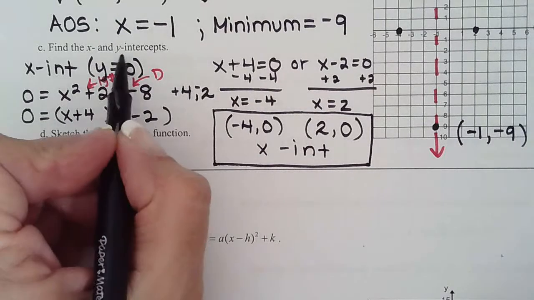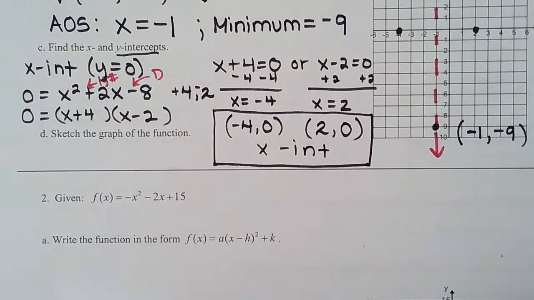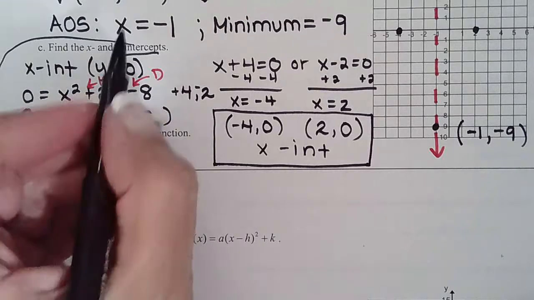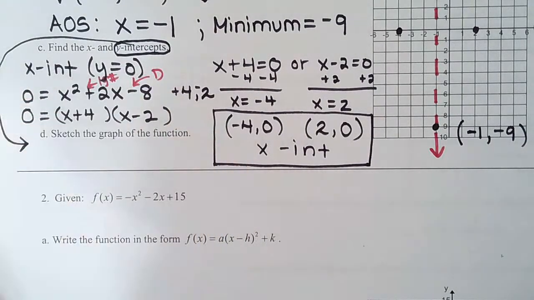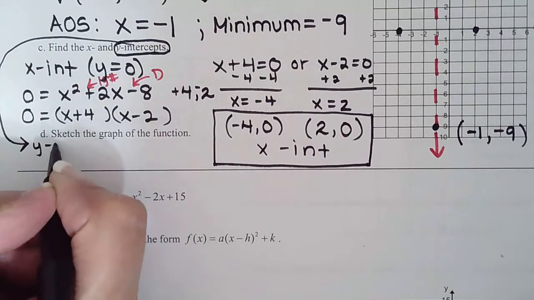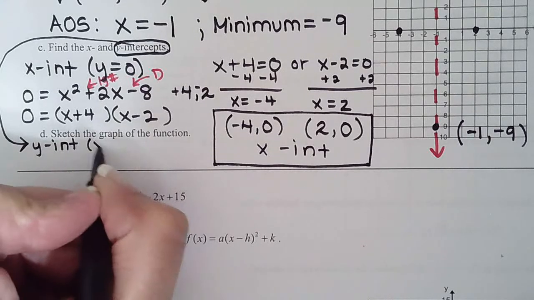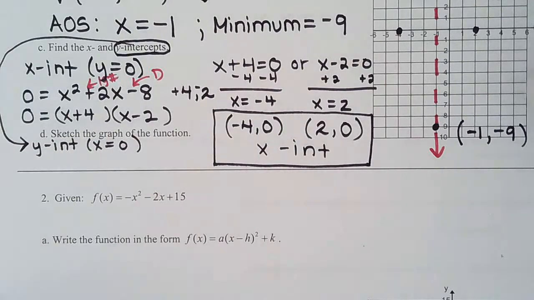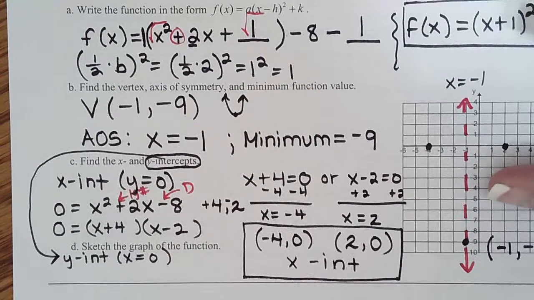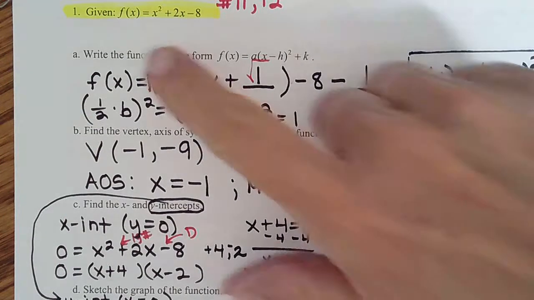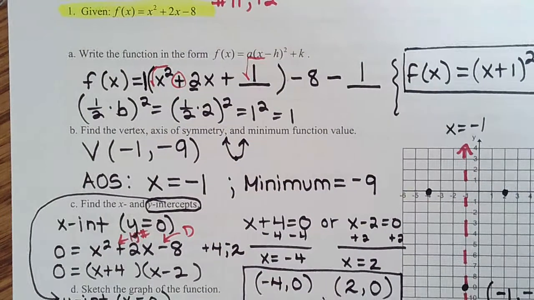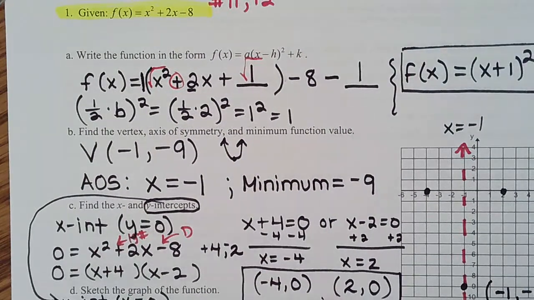Okay, next thing they want is the y-intercept. So the y-intercept, circle that so we know it's down there, means make x 0. So again, you go up to the original equation, and everywhere you see an x, I see 3 x's in that problem, I fill them in with 0.